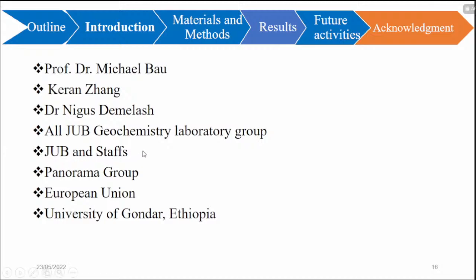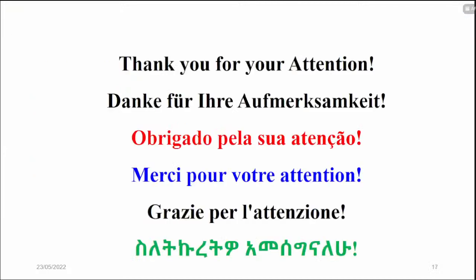Also the whole staff, starting from the security, the finance people and the like. The Panorama group, because we share lots of things, which is a challenge for everything. The European Union, obviously for the financial support, and University of Gondar, Ethiopia, my former university. They are giving me a study leave to come here. Thank you very much.